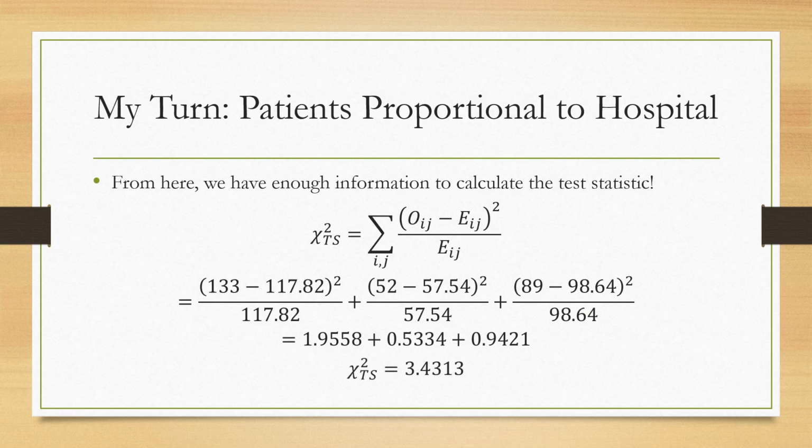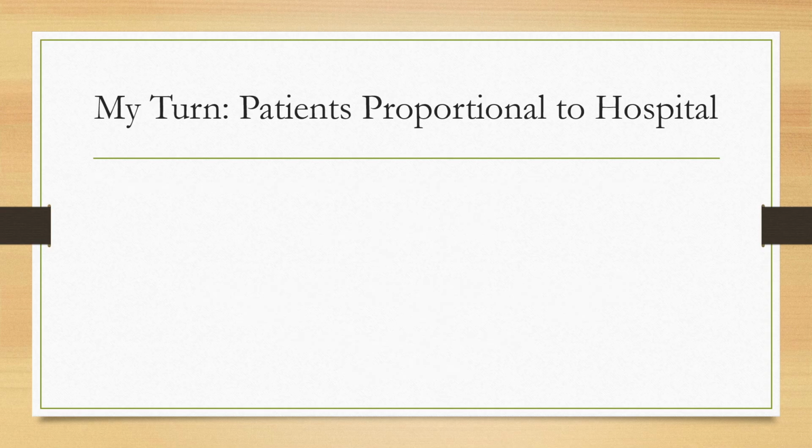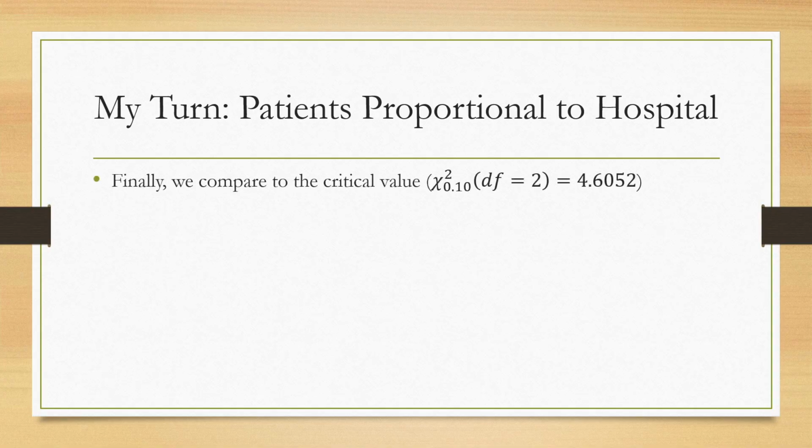In any case here, working out the final test statistic value, I work it out to 3.4313, which, thank goodness, the software was correct, and it looks like we match what that got. So now I have my test statistic.